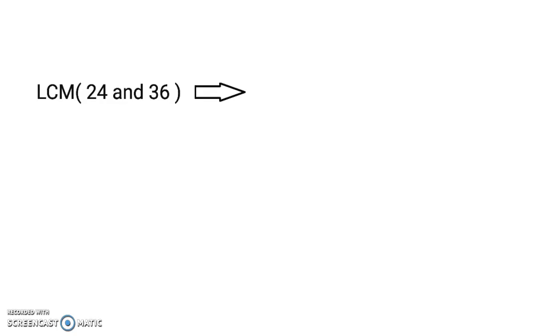Now, we'll go with the LCM, the least common multiple. Our problem says to find the LCM of 24 and 36. Just like we did with the GCF, our first step is to prime factorize both of the numbers, 24 and 36.